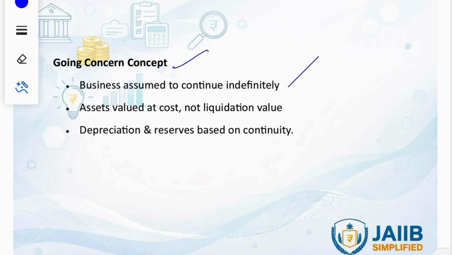This underpins depreciation, reserve, and investor confidence. If liquidation is expected, assets would be valued differently. No one is ready to close their businesses. In case of bad position, the assets are valued at cost, not liquidation value.